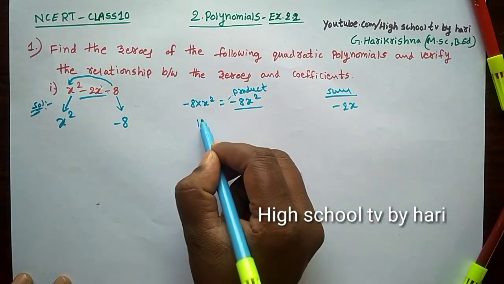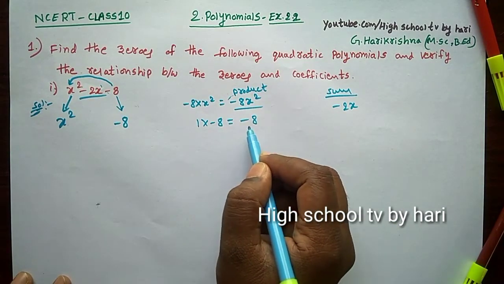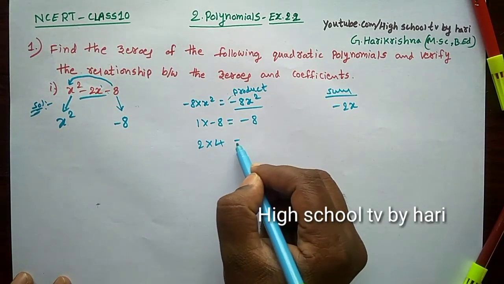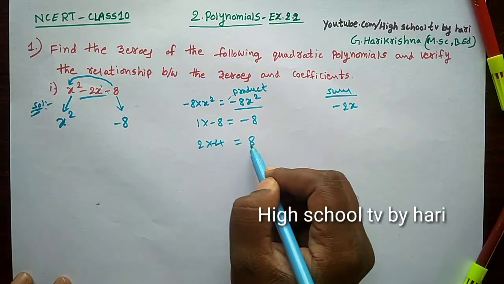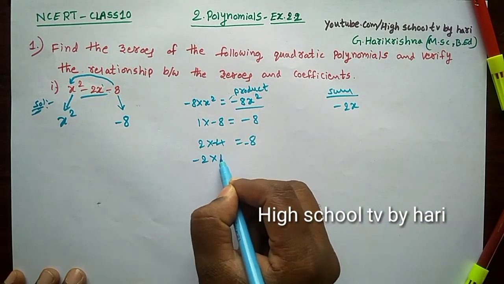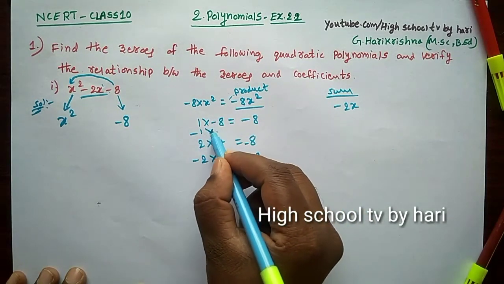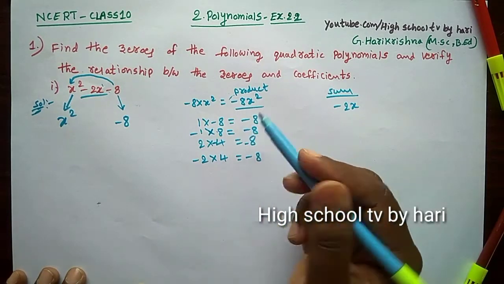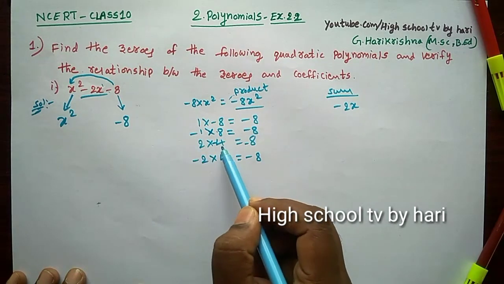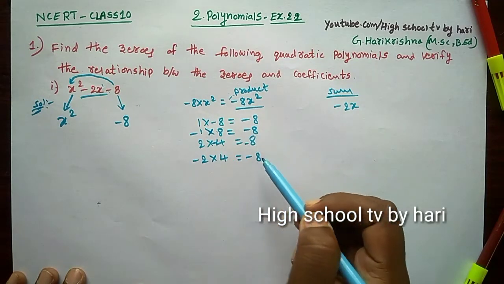The factors are 1 into minus 8 is minus 8, 2 into minus 4 is minus 8, minus 2 into 4 is minus 8, and minus 1 into plus 8 is minus 8. So we have plus 1 into minus 8, minus 1 into plus 8, plus 2 into minus 4, minus 2 into plus 4. By multiplying these we get minus 8 each time.